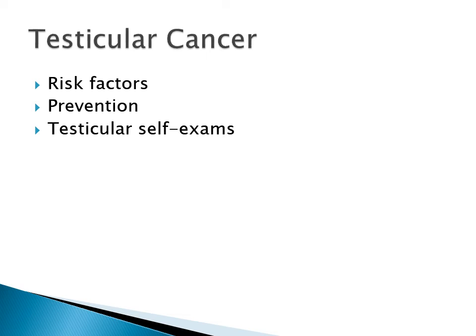Any abnormal testicle development, a family history of testicular cancer. With age, it can occur at any age, but the greatest risk affects teens and younger men between the ages of 15 and 35. So that's where we're really going to want to target education. And then Caucasian men are at greater risk.